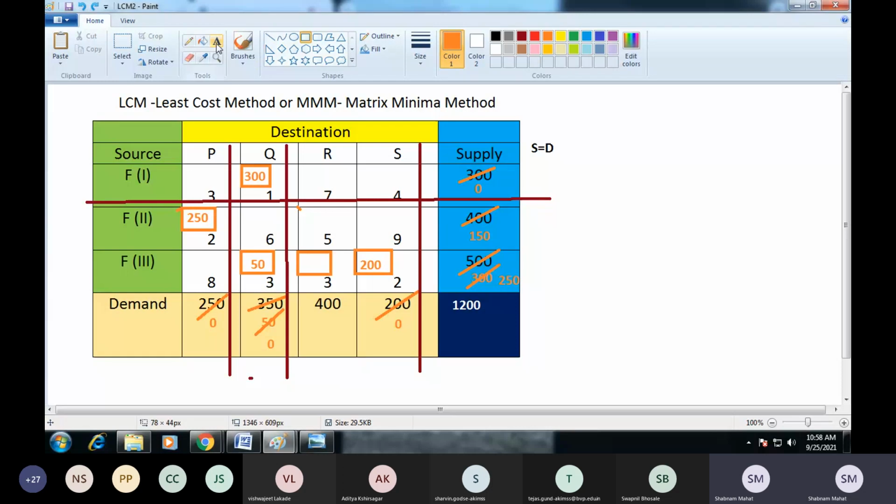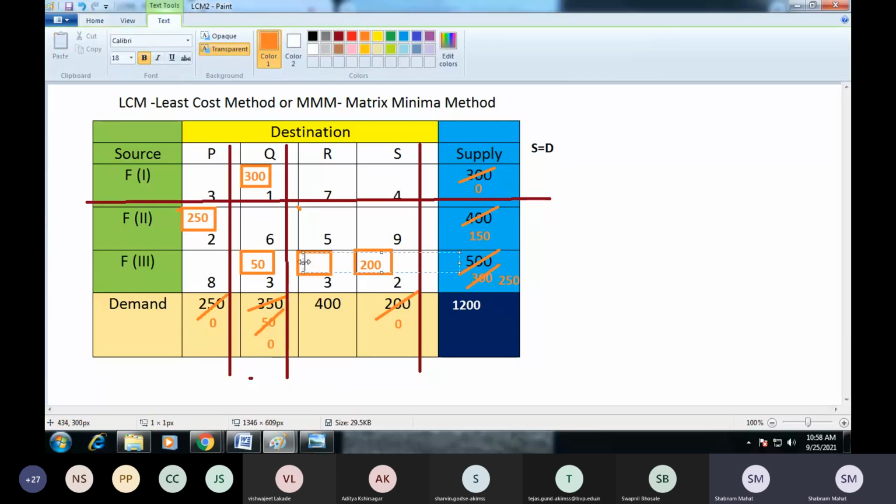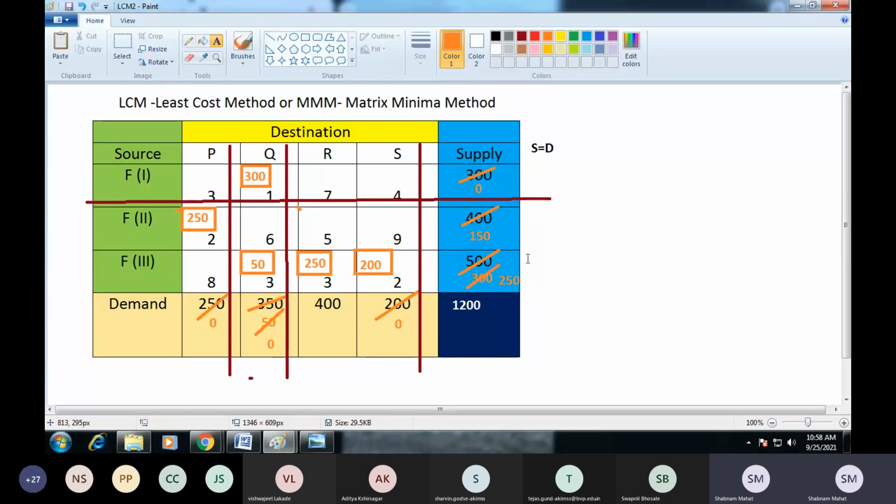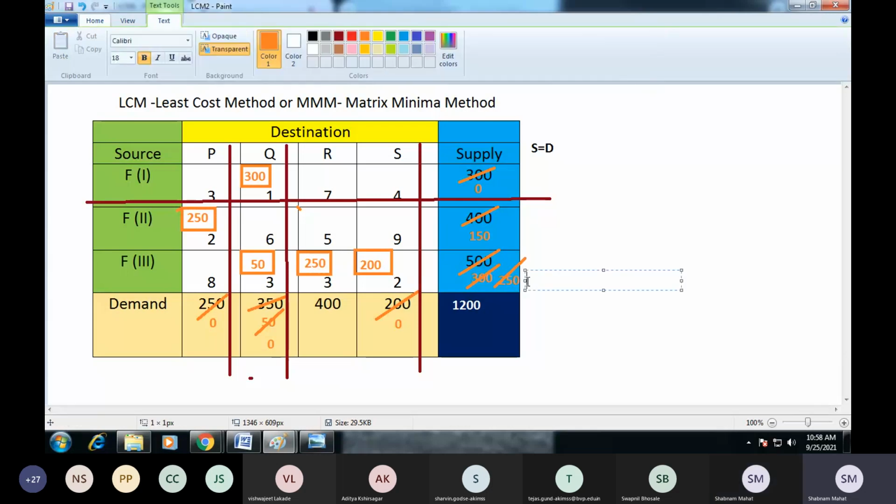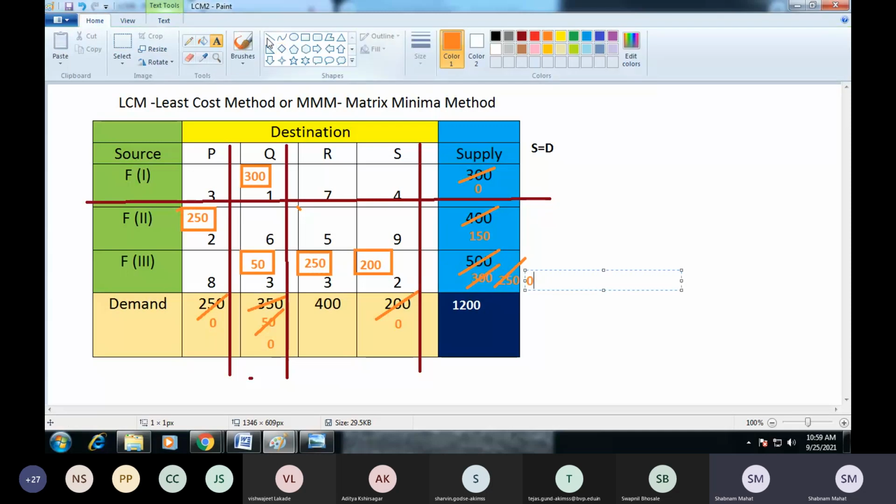So the total 250 units of supply that is available, I can provide here. If I provide 250 units from my total supply, then it will become 0. That means the factory 3 supply will become 0.